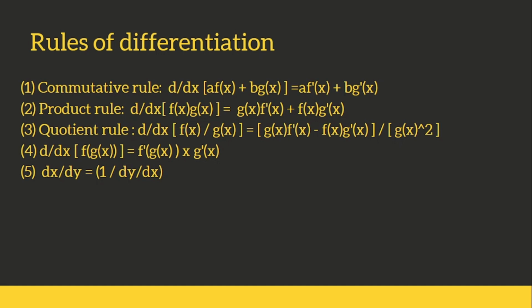Another is the product rule. When you try to differentiate a function f(x) g(x), you have g(x) times the derivative of f(x), then in addition you have f(x) times g'(x). In the case of the quotient rule, where your numerator is f(x) and your denominator is g(x), at the top you have g(x) times f'(x), minus f(x) times g'(x).